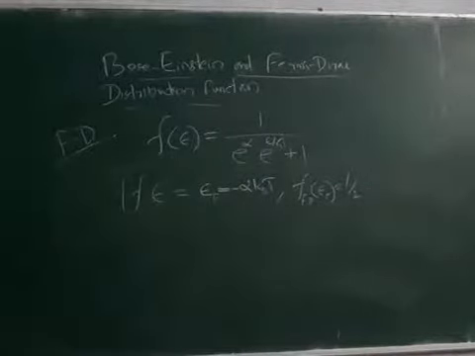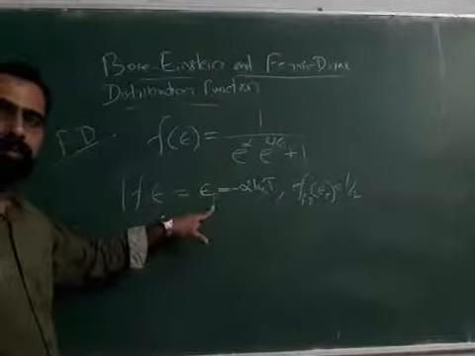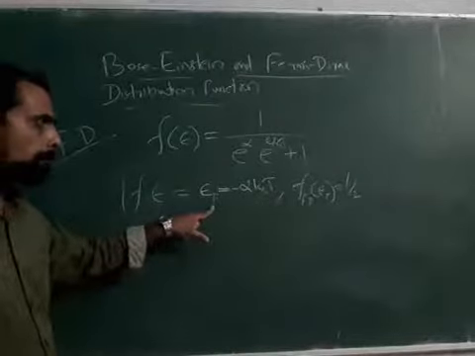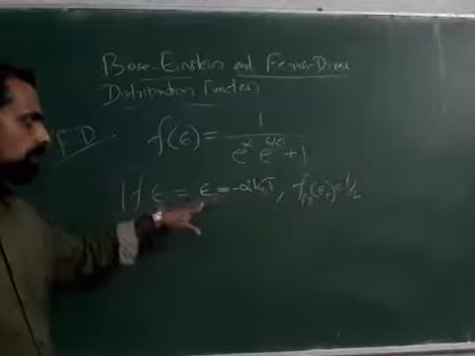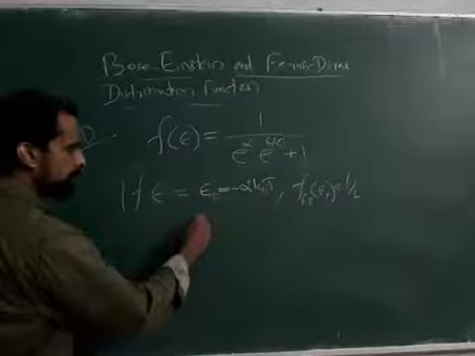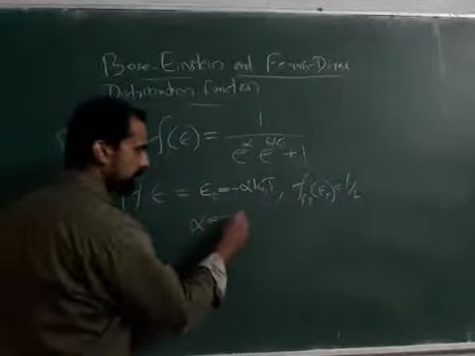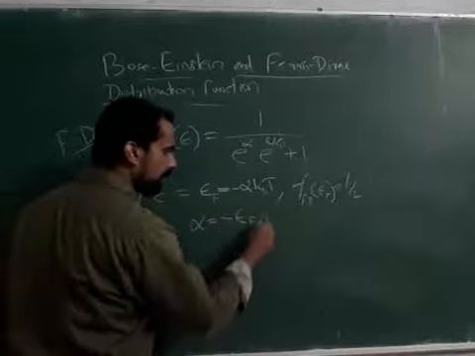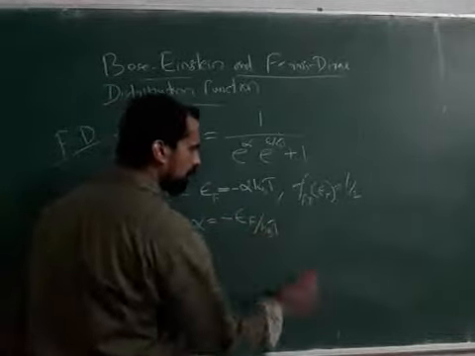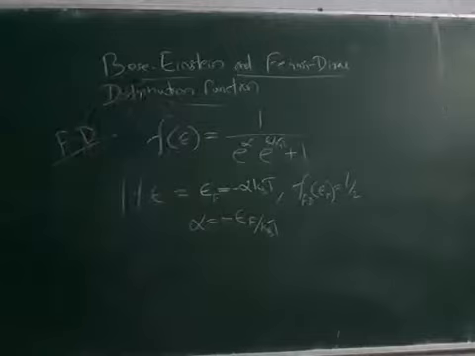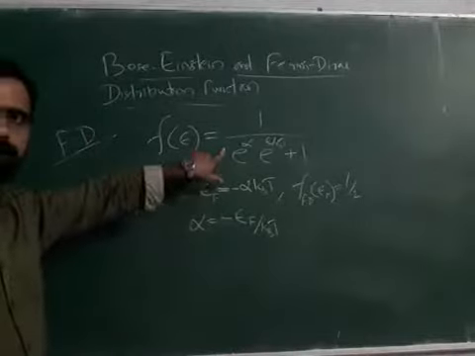Now from this one I will write alpha is equal to minus epsilon f by kBT. I will substitute it back.